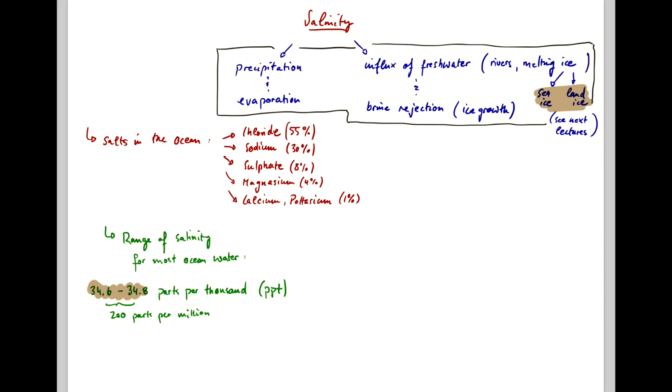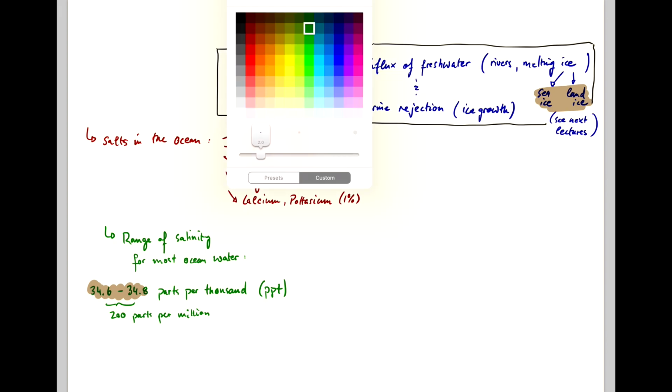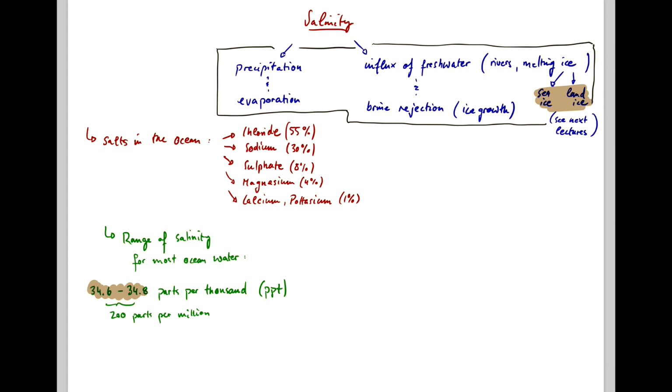And so a typical salinity profile, I'll draw a couple here, analogous to the profile for temperature I drew in the last video. We have salinity in parts per thousand on the horizontal, and on the vertical axis we'll have depth again in meters.